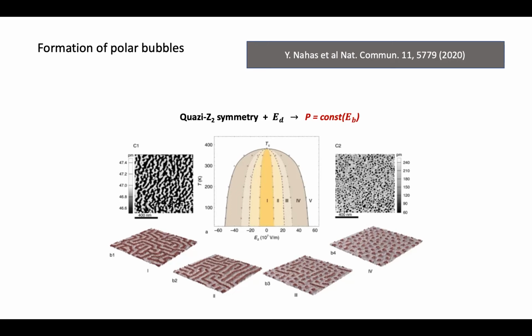We were able to recover this classical bell-shaped phase diagram, where you have spinodal decomposition regions and nucleation regions. So even out of equilibrium, the system evolves as if polarization was fixed. And the value of this fixed polarization, of course, depends on the external bias that is applied.